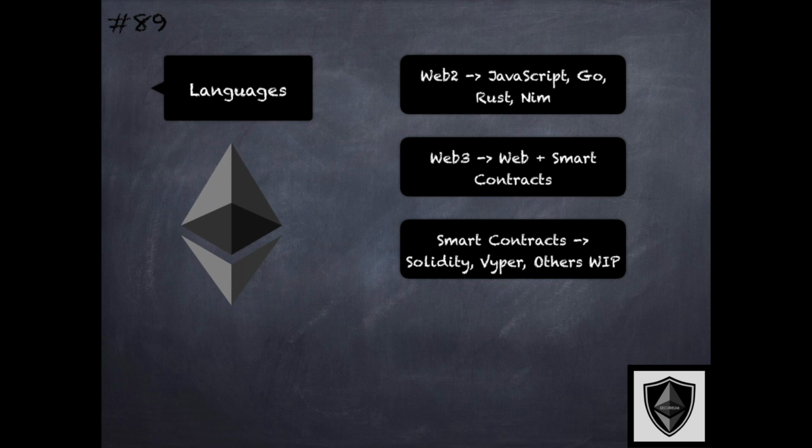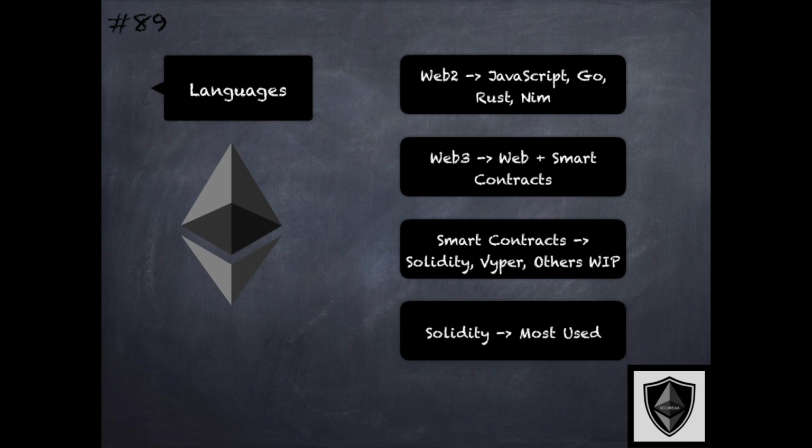Now, smart contracts themselves have a special language, right? And in the case of Ethereum, that's Solidity. Solidity is the most widely used language for writing smart contracts on Ethereum. Now, there are others that are work in progress. Some of them, like Viper, are gaining traction, but for the majority of the smart contracts that we see deployed, Solidity is that language.